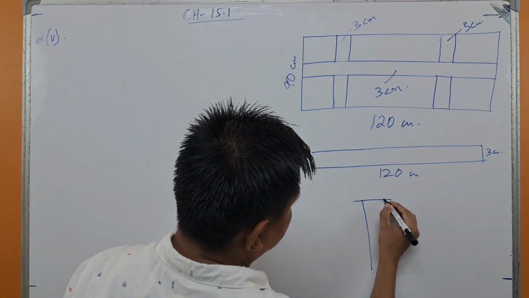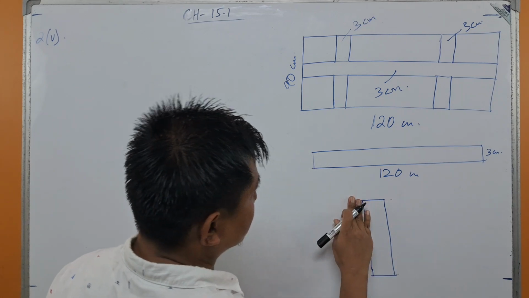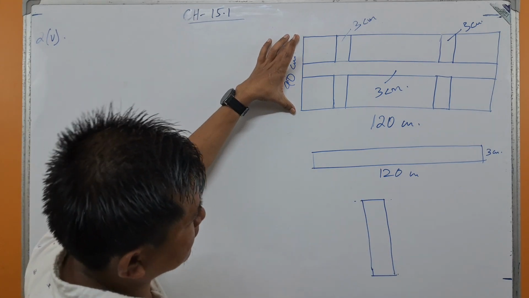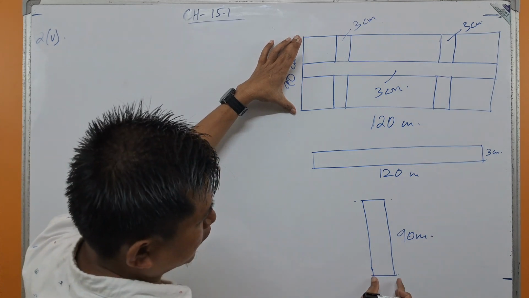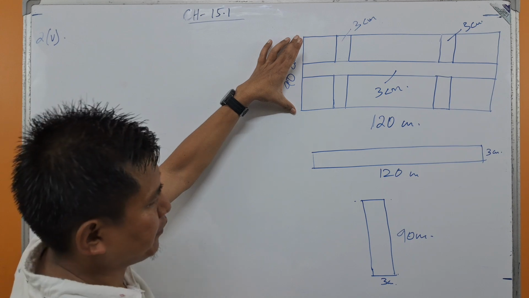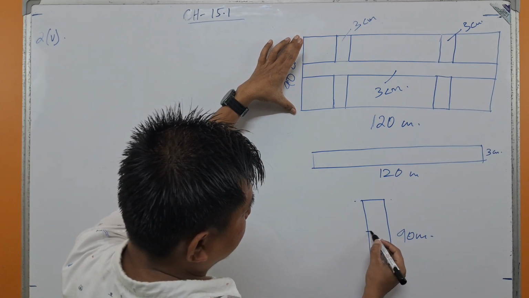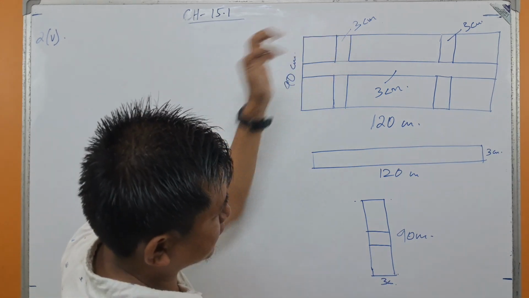Let me explain this. This was the rectangle whose length was 90 centimeter and width is 3 centimeter, but we have already calculated 3 centimeter from the middle here, isn't it?